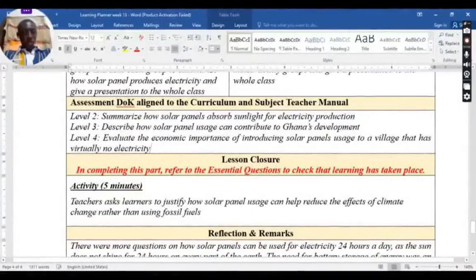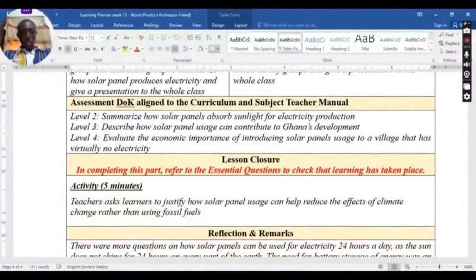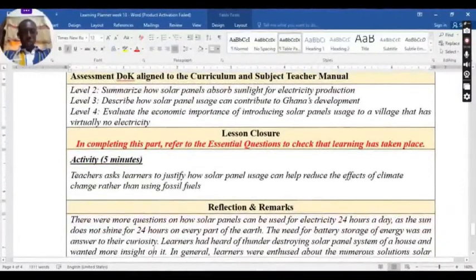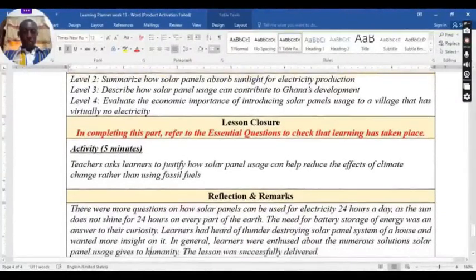So evaluate. So she talked briefly about it, the importance of it. So these are the assessment questions for lesson 2. Remember, lesson 2 is about teaching them, letting them understand how solar panels convert sunlight into electricity. That is what the lesson 2 is all about.